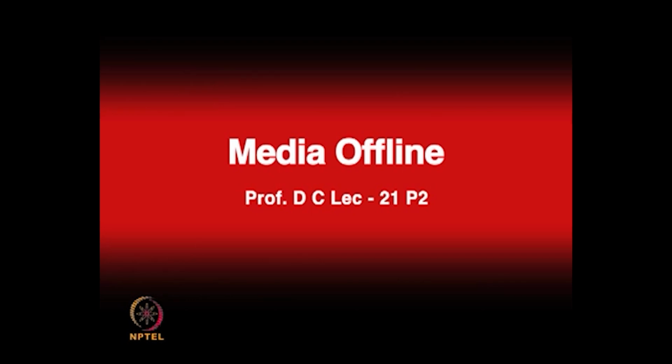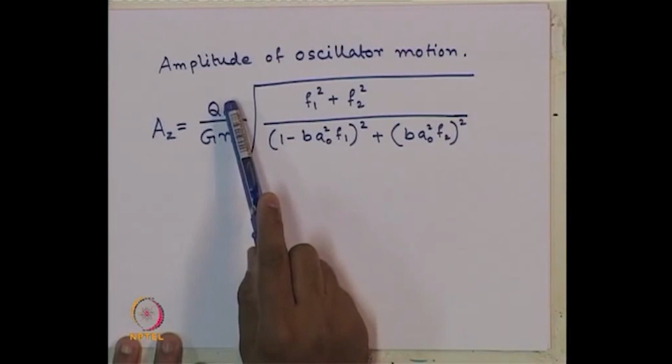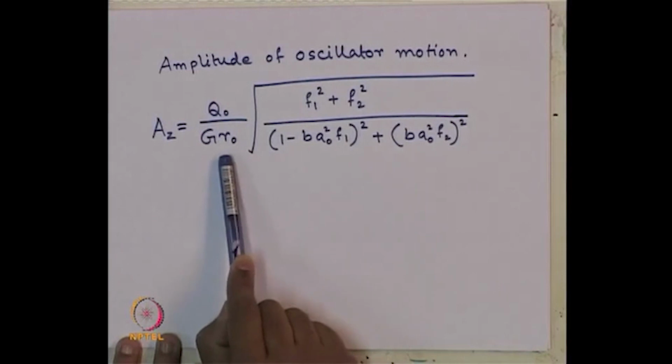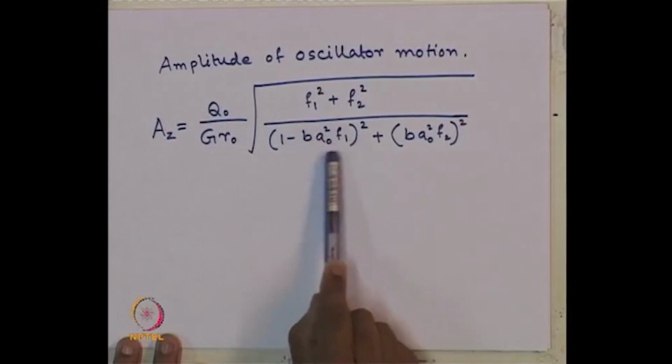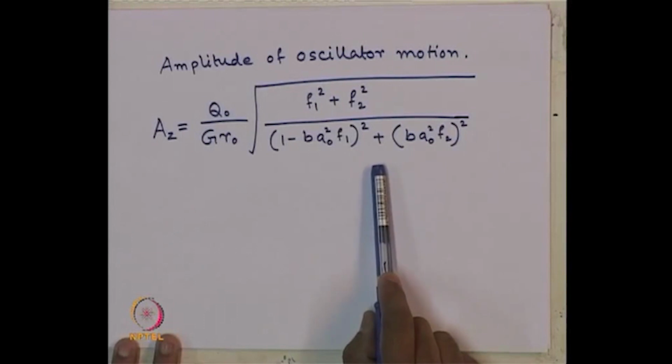Can you correlate this expression with any other known expression of amplitude of motion, whatever is known to you earlier? These are nothing but derived basically from the similar concept of the mass spring dashpot model. Can you see? This q naught is your amplitude of applied dynamic load, q naught by g r naught, f 1 f 2 are the displacement functions. These terms will take care of that frequency ratio which we had used in the mass spring dashpot model.